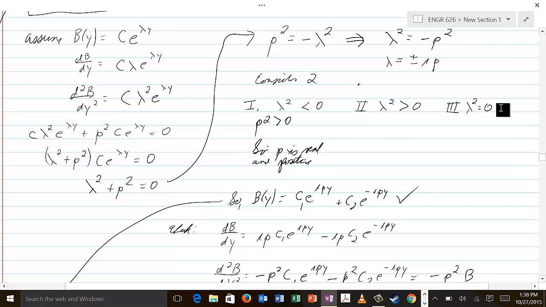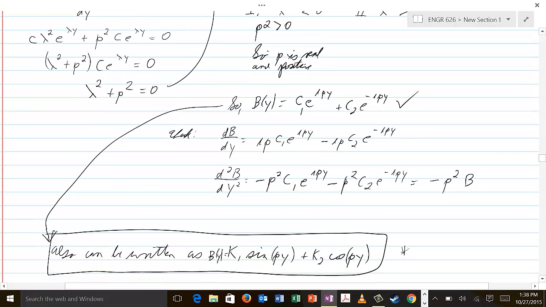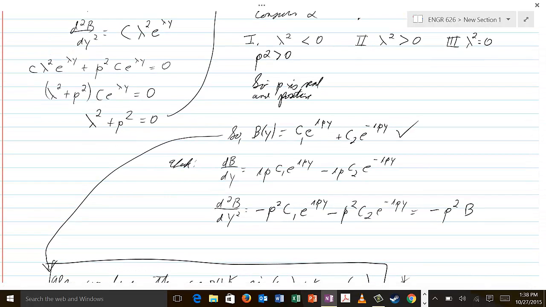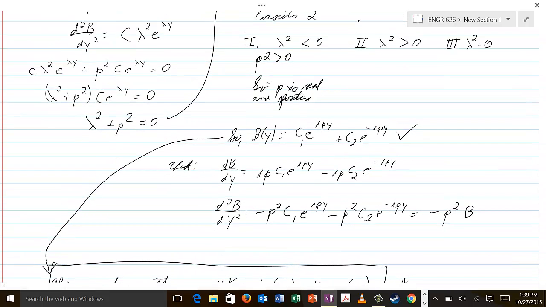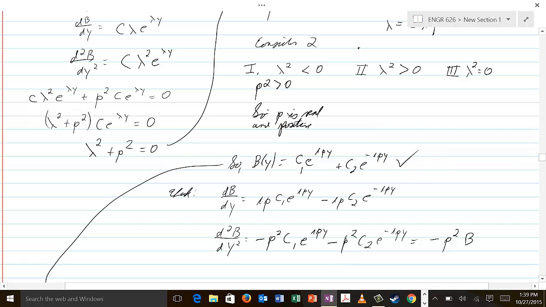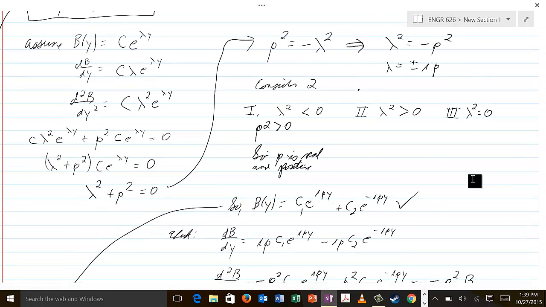I won't show you all the details here, but if you go through these, you will conclude that the only reasonable possibility for this problem is lambda squared less than 0, which would mean that p is real and positive.